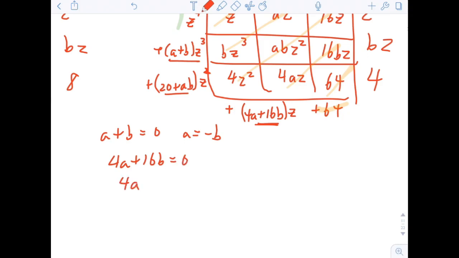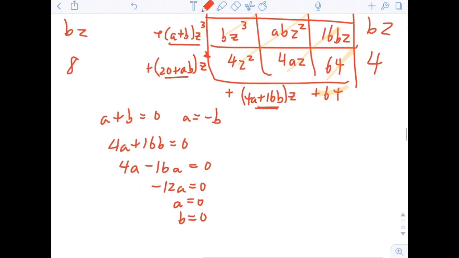So 4a minus 16a, because I just substituted in for b, I put negative a, equals 0. So that basically means that negative 12a equals 0. So that means a equals 0. If a equals 0, then that means b equals 0, because a is the negative of b.